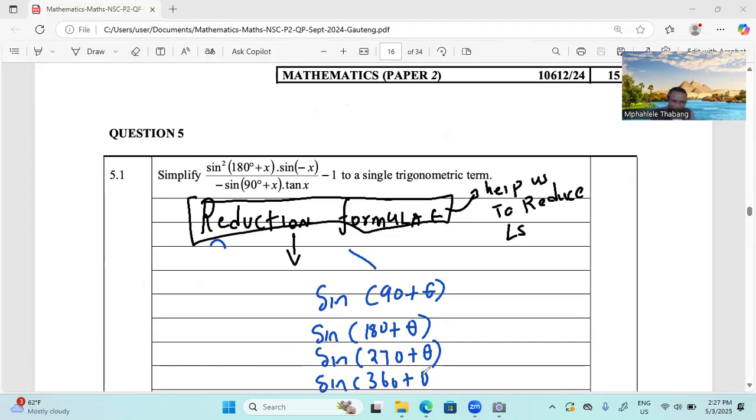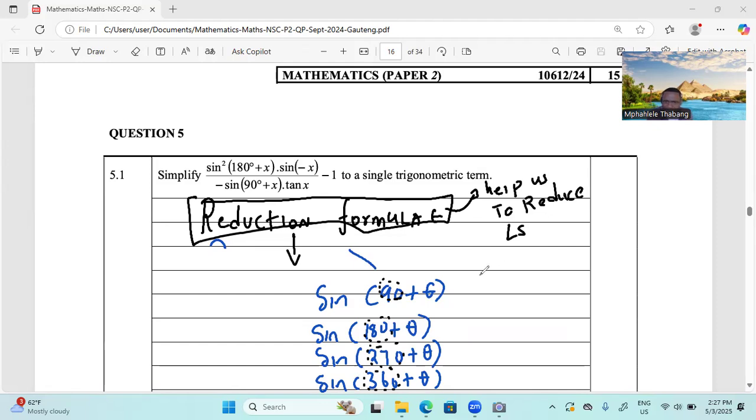So I want you guys to look at these angles: 90, 180, 270, and 360. When you see these angles, you know that you have to go for reduction formula.